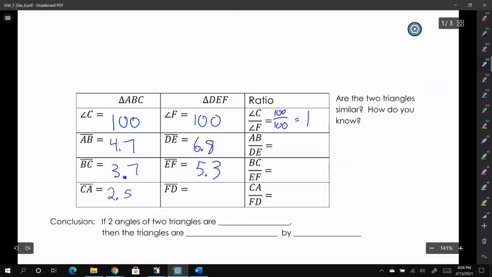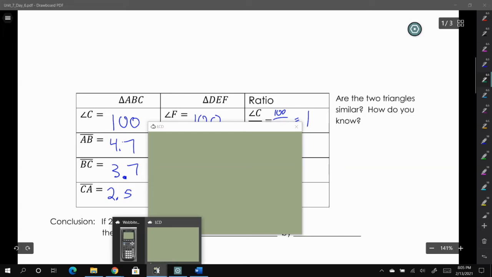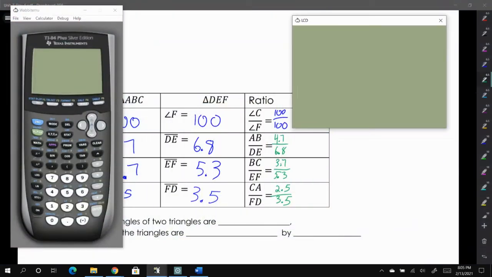and FD was 3.5. So now we're going to take these values and see what we get when we write them as fractions. Okay, so 3.7 over 5.3, 2.5 over 3.5. So when I get the calculator out and I type in these ratios, okay, the first one is 0.69.